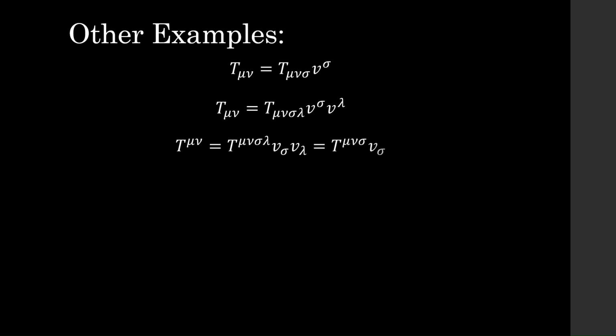And then for covariant tensors, we can represent that as a rank 4 or rank 3 tensor or a rank 5 tensor as long as we have an associated amount of covariant vectors to cancel out the proper amount of indices. So for a rank 4 tensor to reduce down to a rank 2 tensor, we're going to need 2 covariant indices, etc., etc.